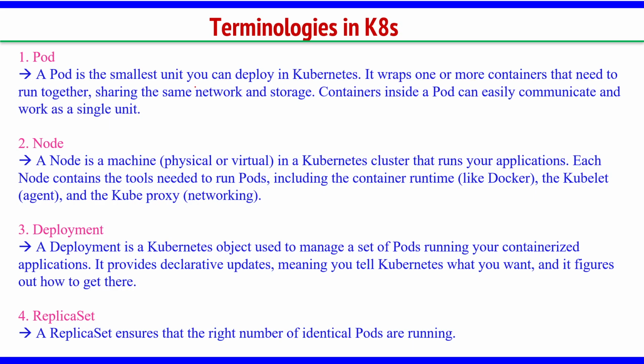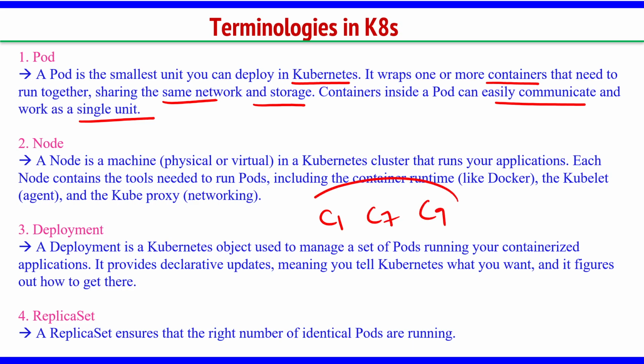Pod is the smallest unit you can deploy in Kubernetes. It wraps one or more containers that need to run together, sharing the same network and storage. Containers inside a pod can easily communicate and work as a single unit. So, maybe you want to group C1, C7 and C9, you can wrap them together, bundle them and put them under a pod.